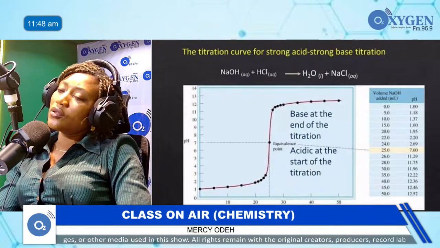We also use indicator bottle. You must have your wash bottle with you with distilled water or any source of clean water. So when you titrate, you make use of all these apparatus.